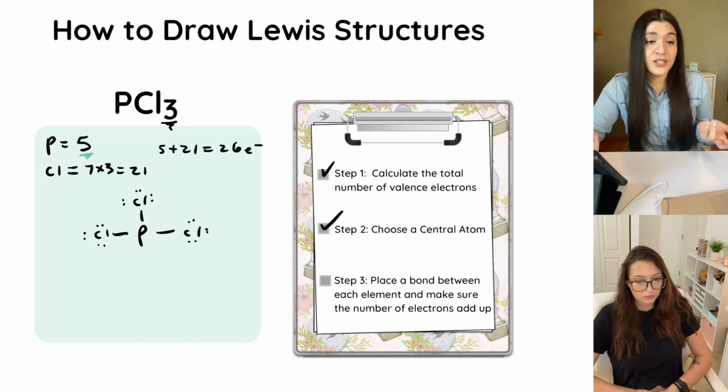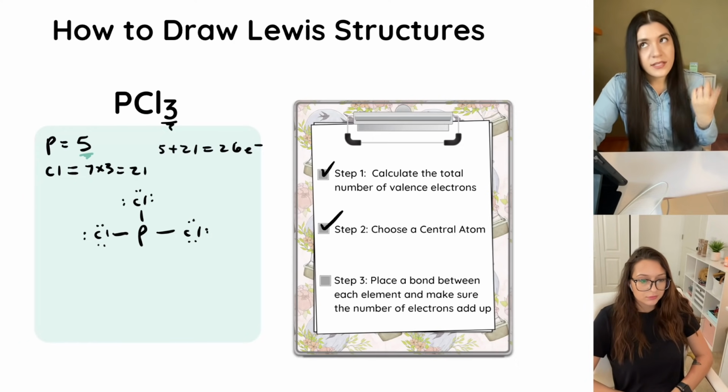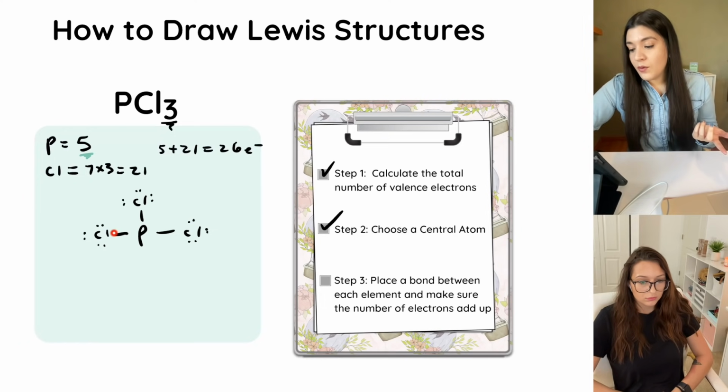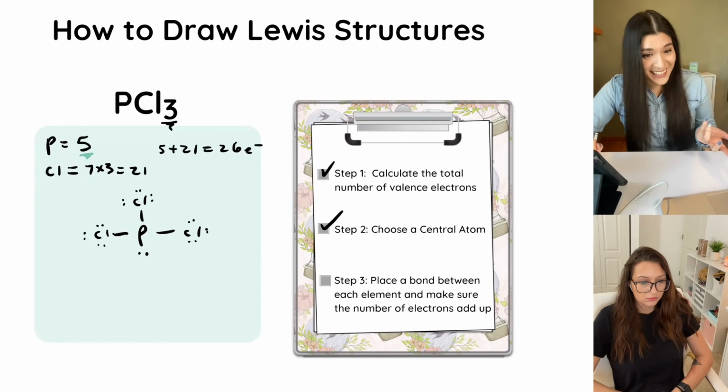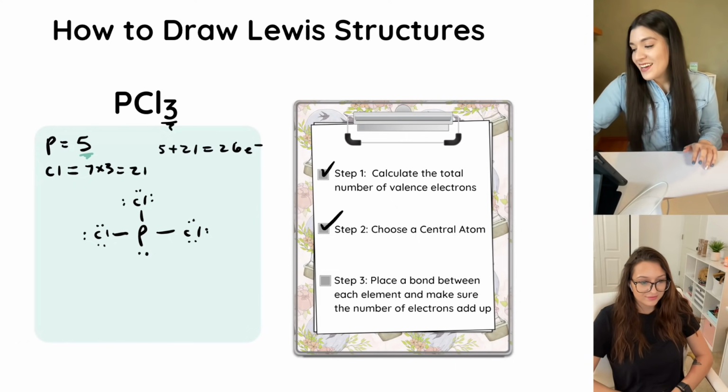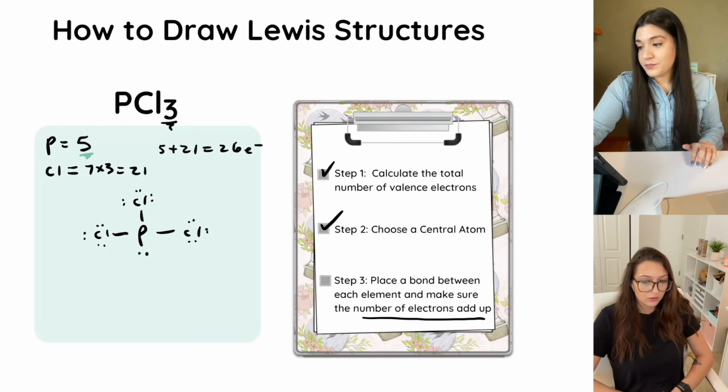The last step is to know that this has to follow the octet rule, and it doesn't right now because there's only 6 valence electrons on our central atom. It wants to have 8, so I add 2 more on phosphorus. Another thing I could have done to check this is seeing if all of the electrons add up.